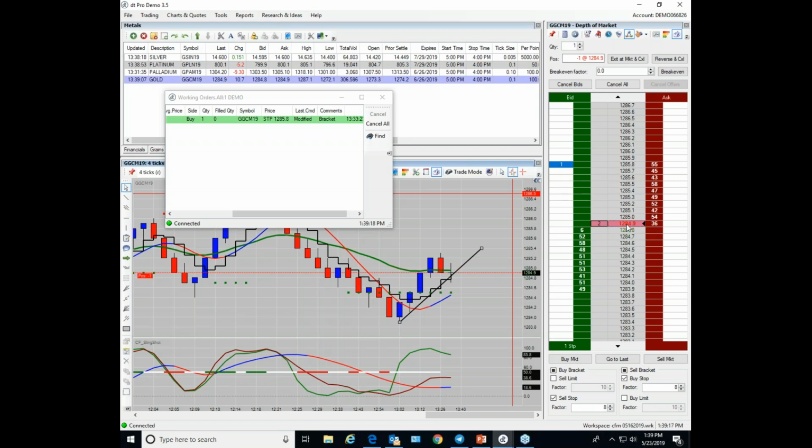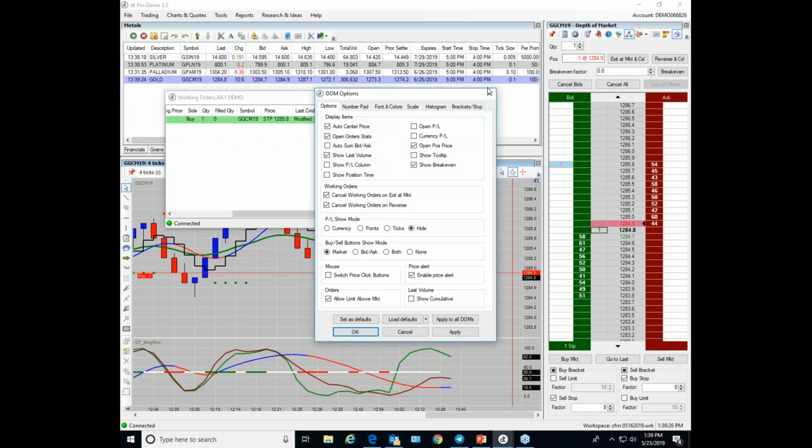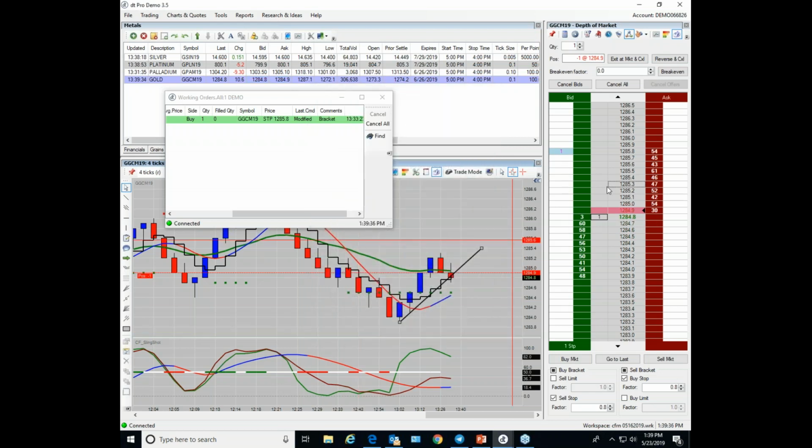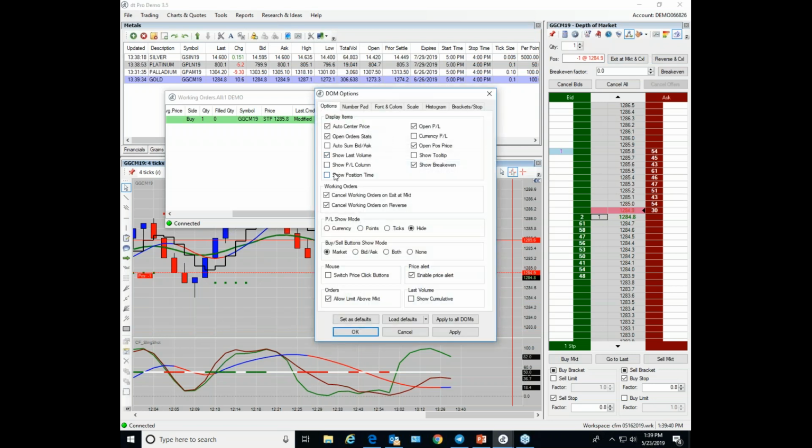So yeah, if we're short from 1284.90, if it goes to 1284.80, you're in the green. That means you are making money. In fact, I could take it a step further. Let me do something real quick.